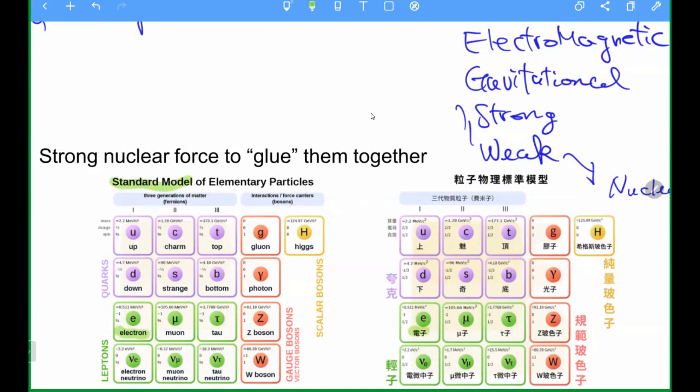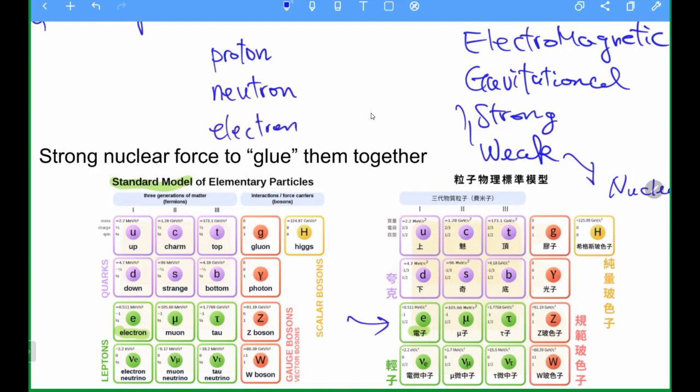But most of the other stuff you don't really know. Even in high school chemistry class, you only know the proton, neutron, and of course the electron.